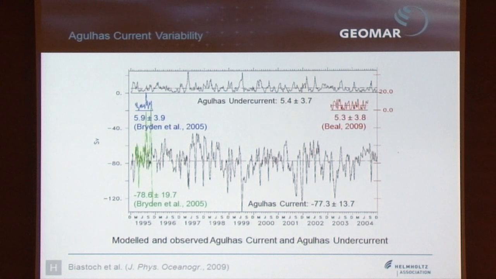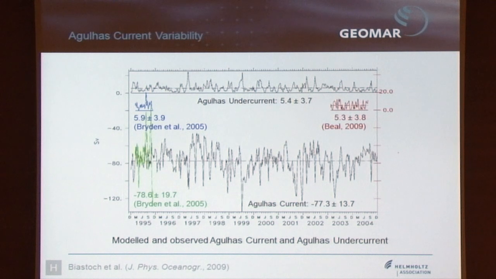So you see a rather high standard deviation caused by these mesoscale instabilities, which compares very well with moorings and, well, I wouldn't say long-term data, but at least continuous time series compiled by Bryden et al.